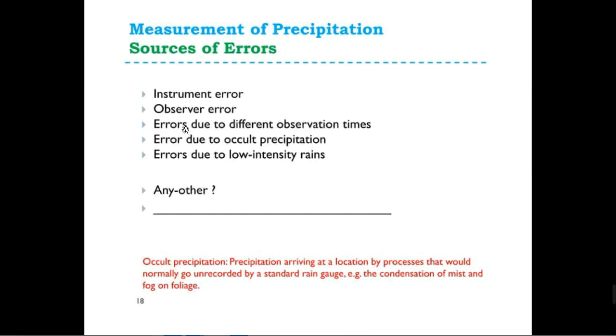So you can write, I may ask for 1, 2, 3, 4, 5. Write measurement of precipitation, source of errors. Right?